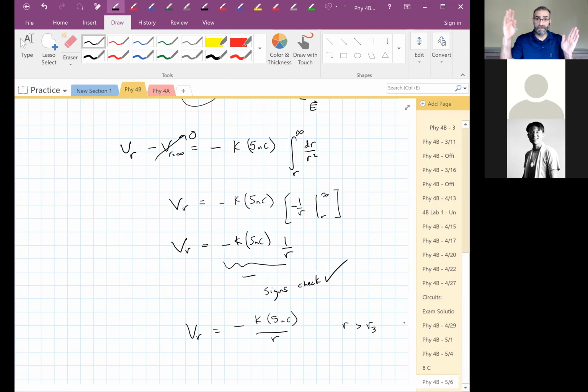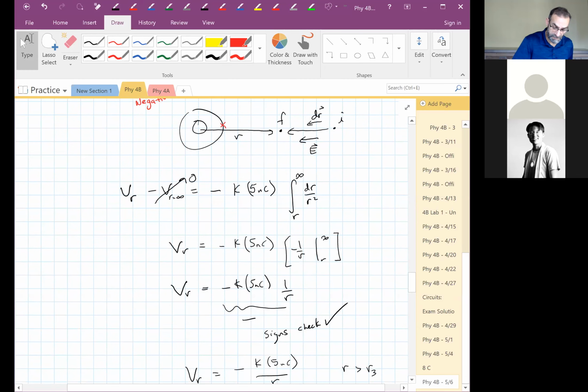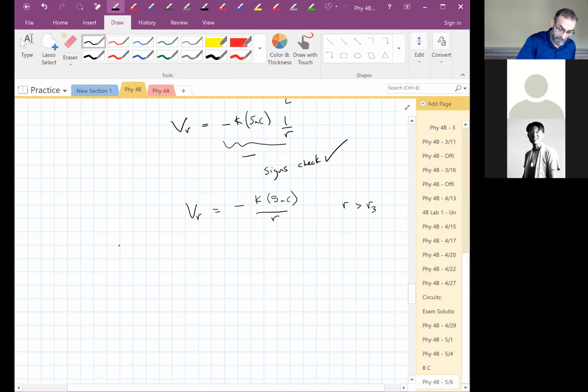Now we keep moving in until we get to the surface right here. And then we say, what is the electric potential at that surface? We just plug in the value of r at that location.